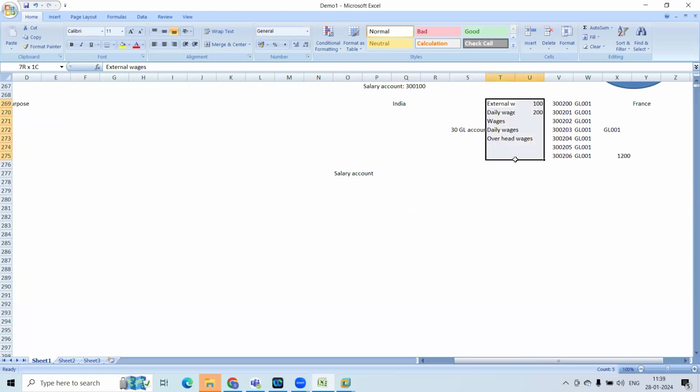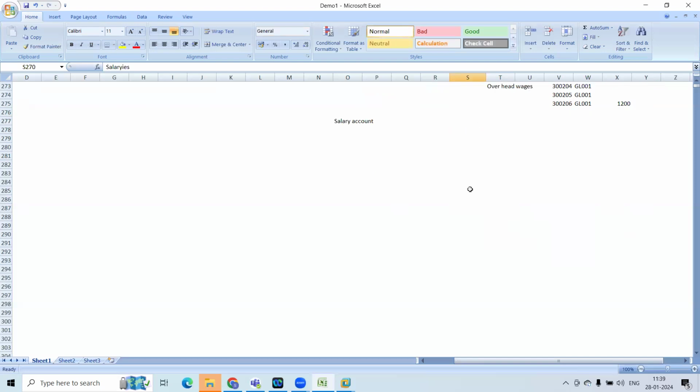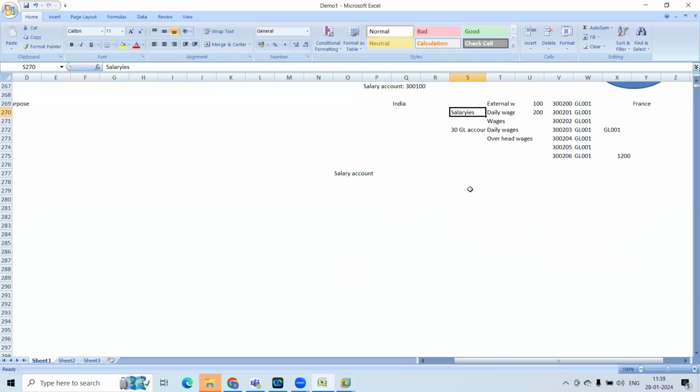The purpose is the same, but it is taking more pages. If you have 30 GL accounts for the salaries only, imagine for everything together how much it will be. It will go to 5 to 6 pages.